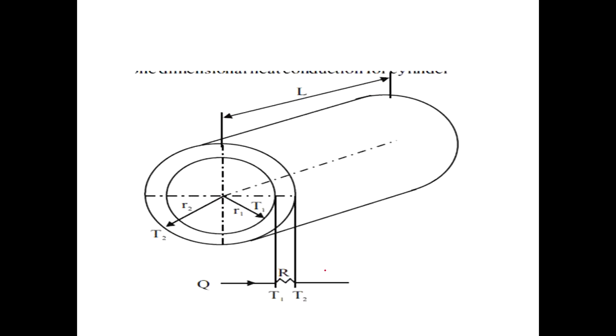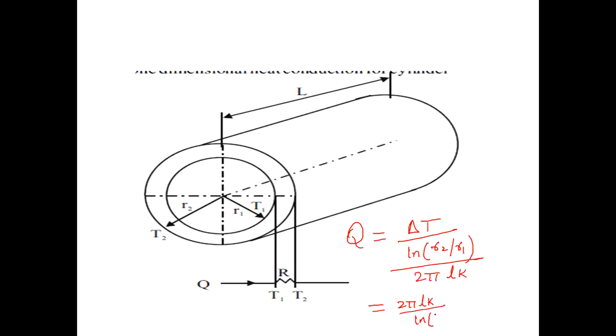Again, Q is equal to delta T divided by ln of R2 by R1 divided by 2 pi L k, or else 2 pi L k divided by ln of R2 by R1 times delta T.